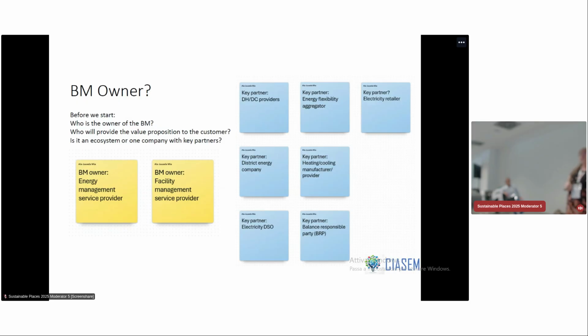But to start with, we needed to ask the question, who is the owner of the business model? Who will provide the value proposition to the customer? Because so many stakeholders were recognized, we ended up deciding that most of those are key partners, and the business model owner is the facility management service provider or the energy management service provider.